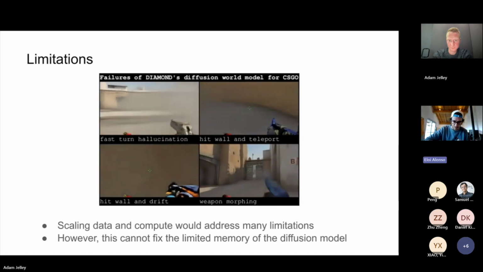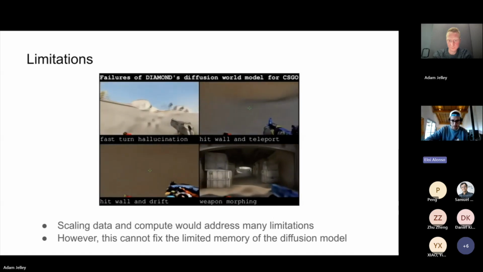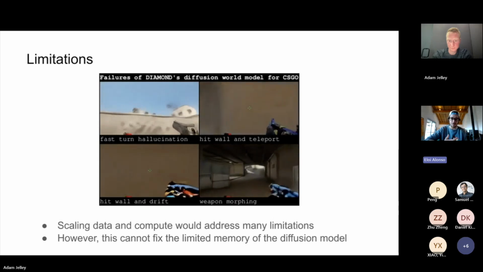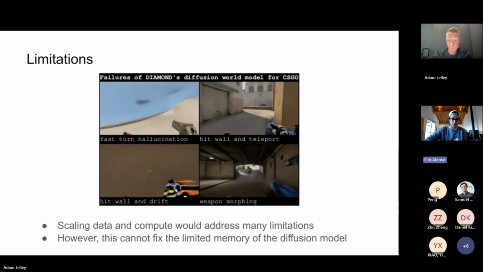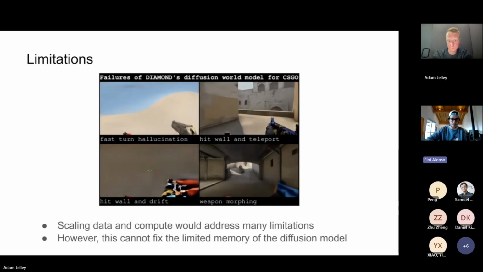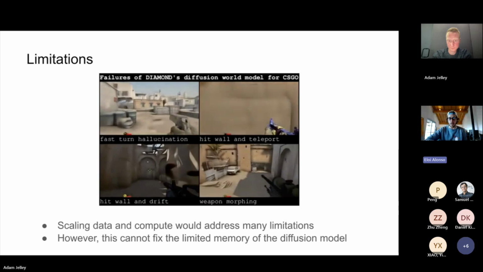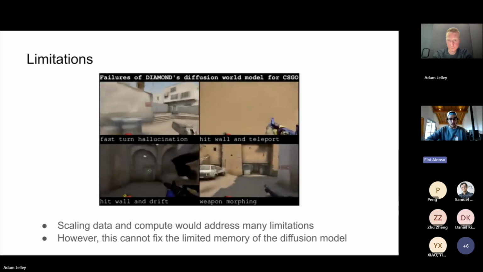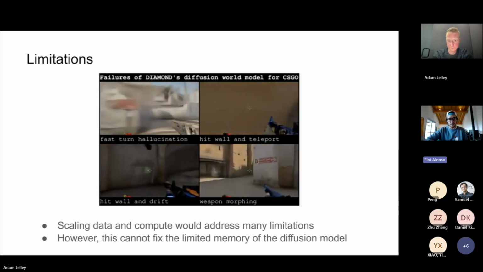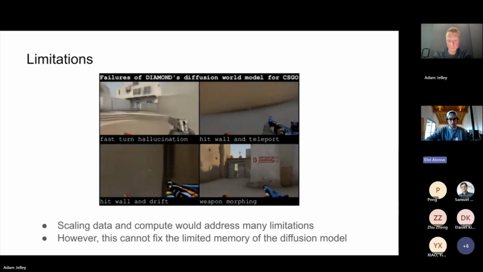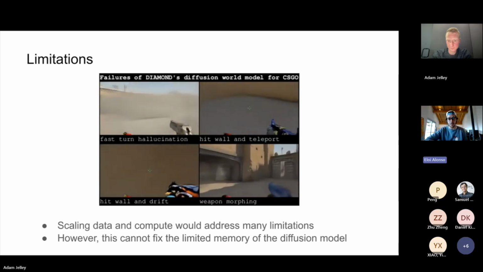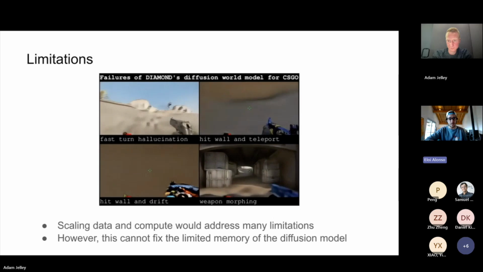The last one is weapon morphing. You can see that sometimes the weapon was changing without us asking anything. This one is very likely due to the fact that we don't have a lot of data. As a point of comparison, we have 0.5% of the data that was used for GameNGen on Doom, so 200 times less.